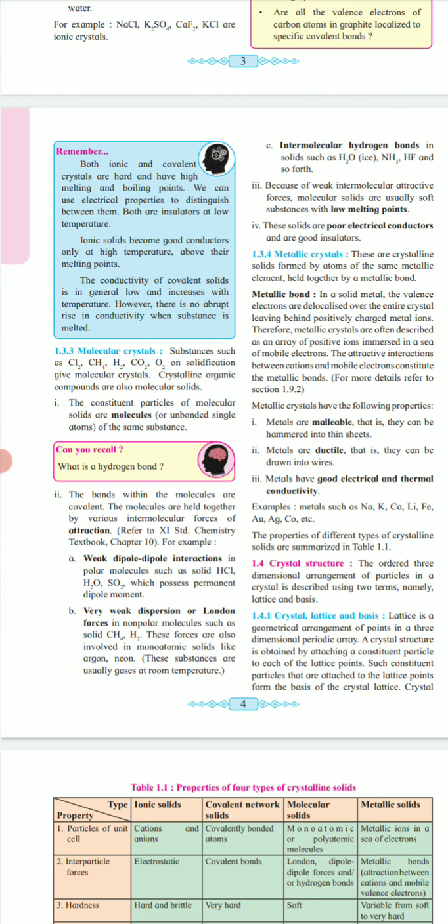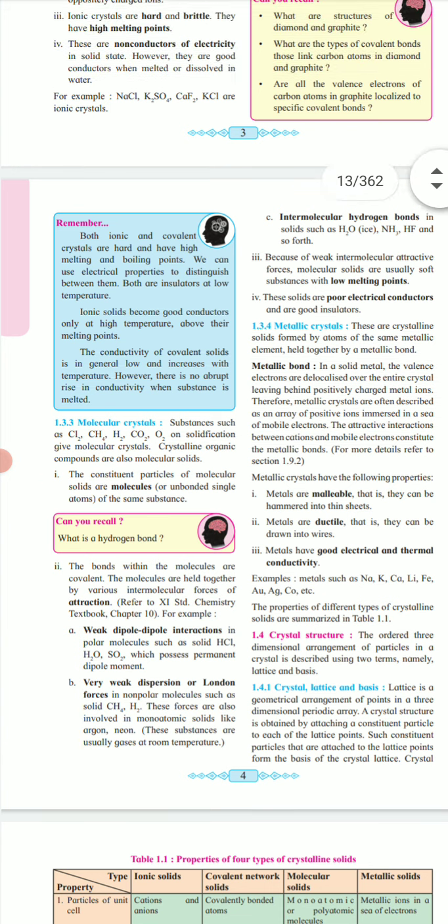A. Weak dipole-dipole interaction in polar molecules such as solid HCl, H2O, SO2, which possess permanent dipole moment. B. Very weak dispersion or London forces in non-polar molecules such as solid CH4, H2. These forces are also involved in monoatomic solids like argon, neon. These substances are usually gases at room temperature.